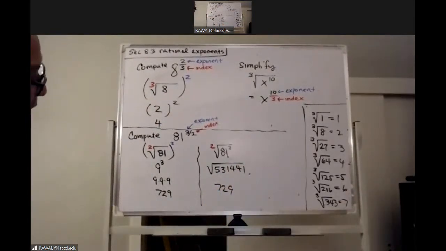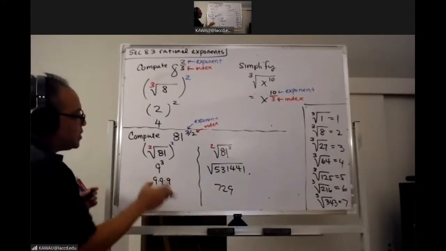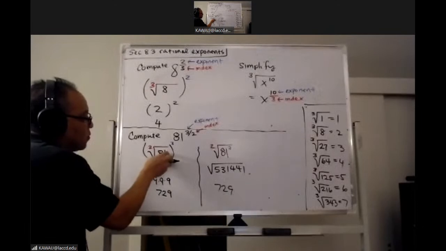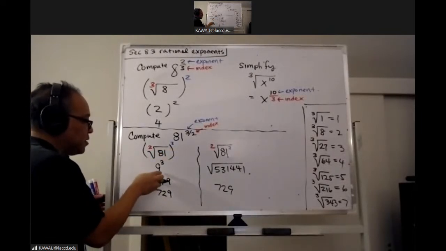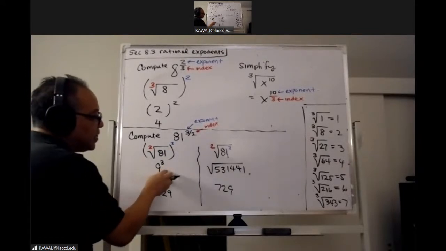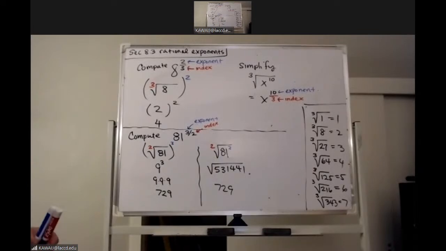So just in life, even though you get the same answer, if you have 2 choices, always make your number smaller before you make it bigger. It just makes your life easier. It's easier to do 9 times 9 times 9 than it is 81 times 81 times 81, especially if they don't give you a calculator.